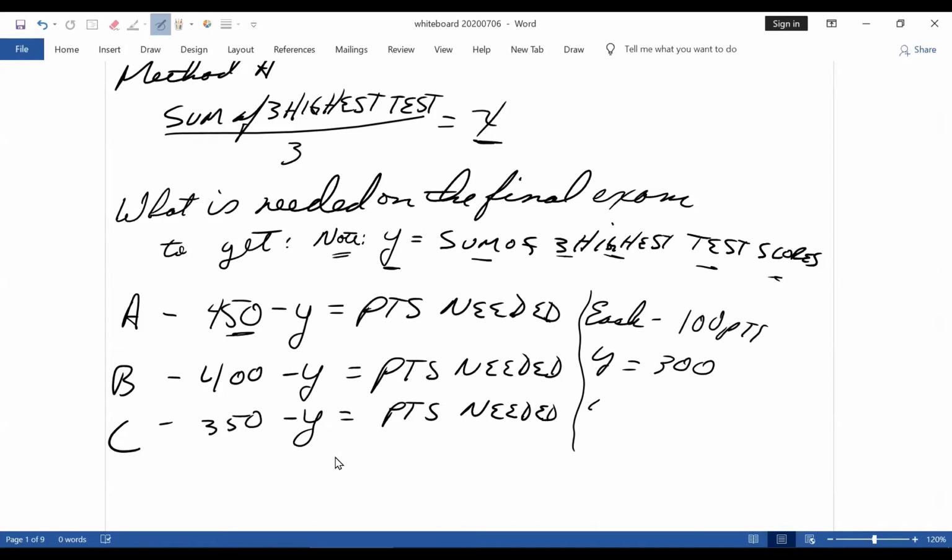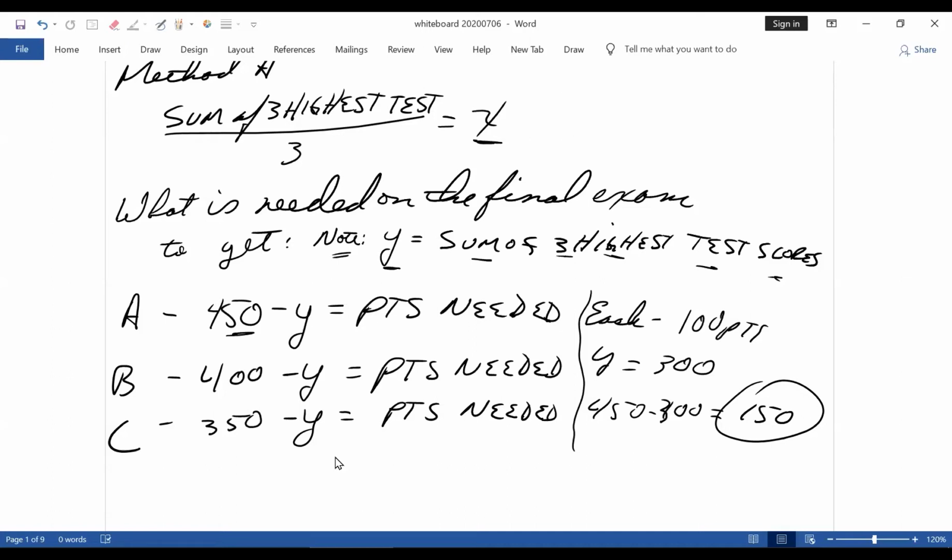Therefore, to get an A, you would need approximately 150 points. Now you're looking at that and saying, oh no, that's a lot of points. But whatever points you need on the final, if you divide it by 2, that's essentially what you need to do on an hourly exam, which would be the same as getting a 75 on an hourly.